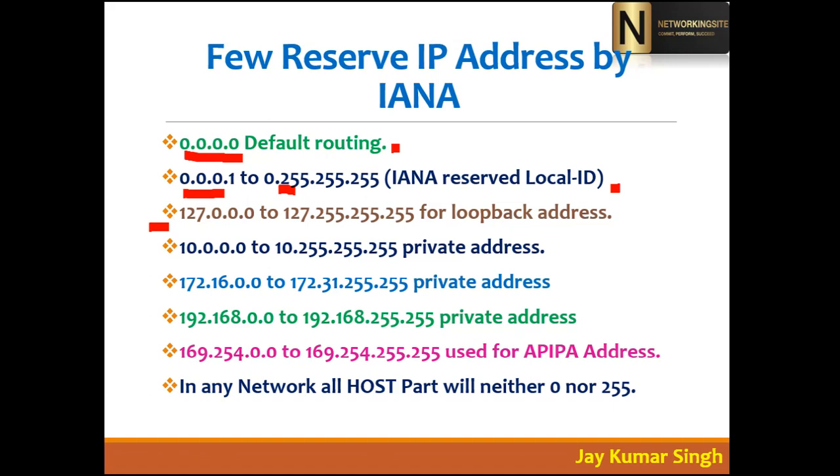We already know that this is reserved for loopback addressing. These three ranges are reserved for private addressing. I am telling you these ranges, not single IPs. And the APIPA address is a range which has been reserved for APIPA addresses.